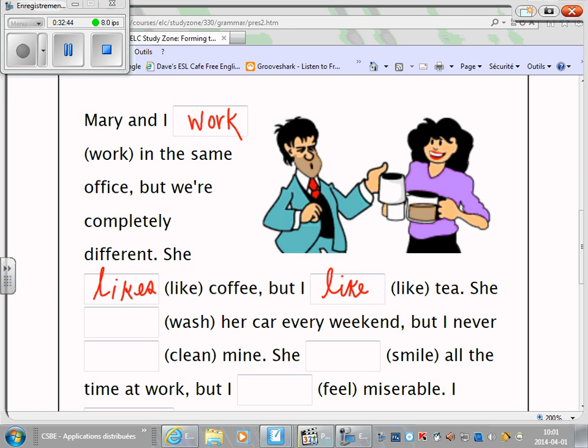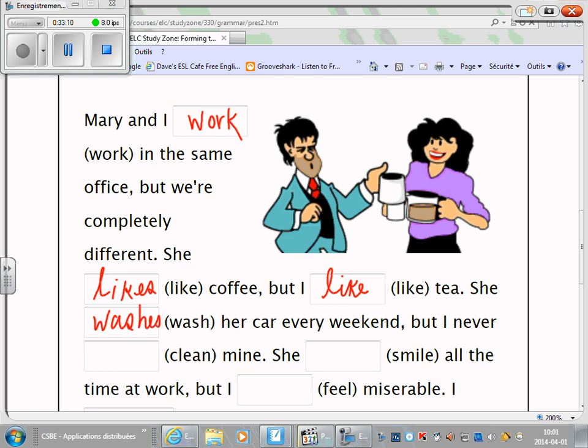Next one. Wash her car every weekend. What is that? Every weekend. It's a habit, yes. So if it's a habit, it means it's simple present or present progressive? Simple present. So she washes, yes.